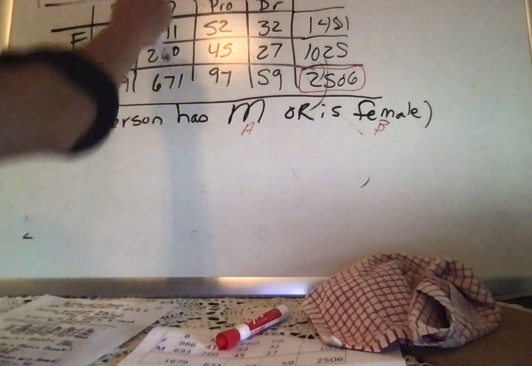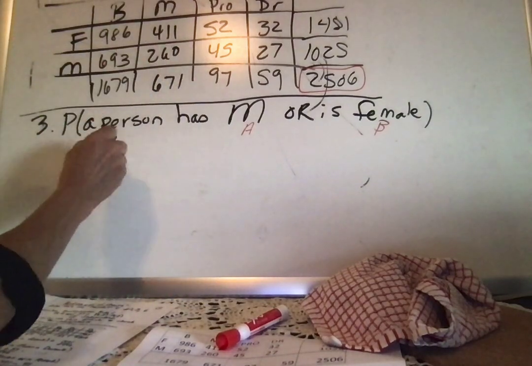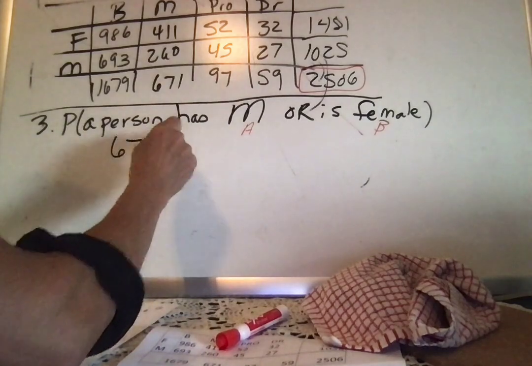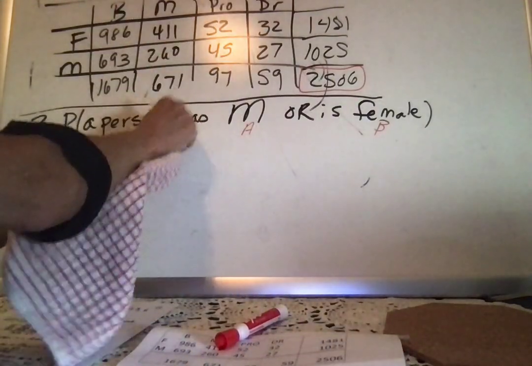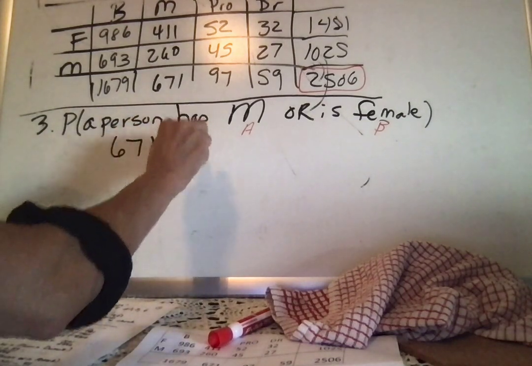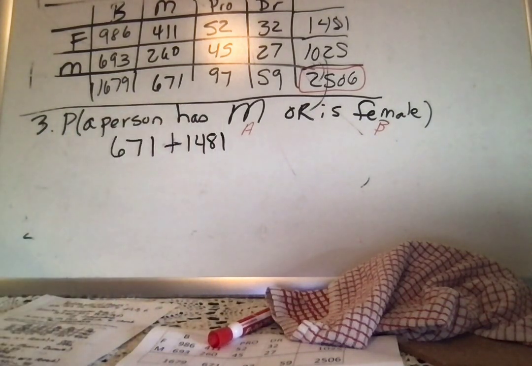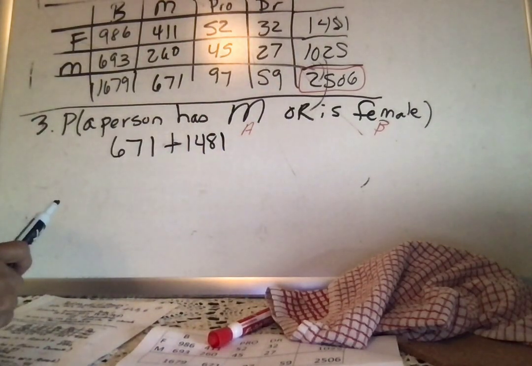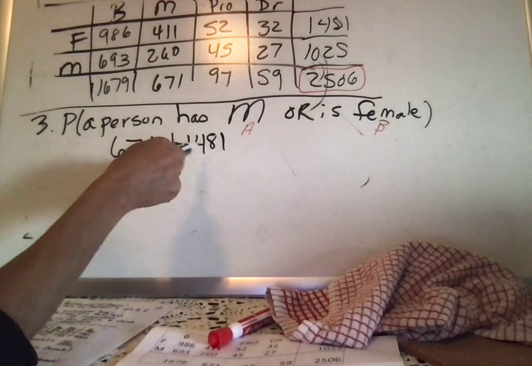So let's see, I have 671 masters, and I have 1,481 females, but, so this is the probability of A plus the probability of B.